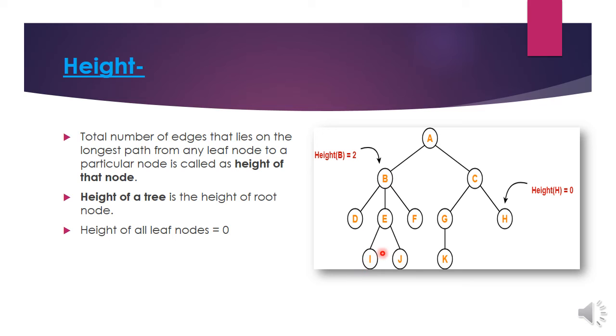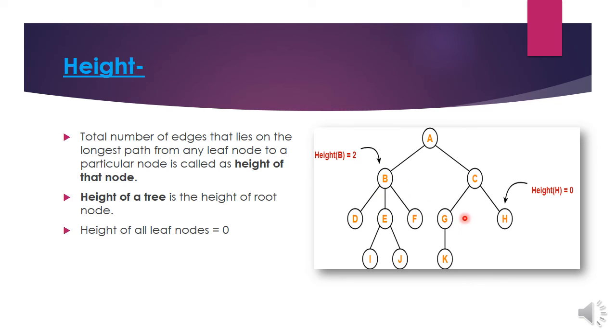If you want to find the height of this B node, we start from the leaf node. How many edges are connected from this B, from bottom to up? 1, 2. So the height of this B node is 2.